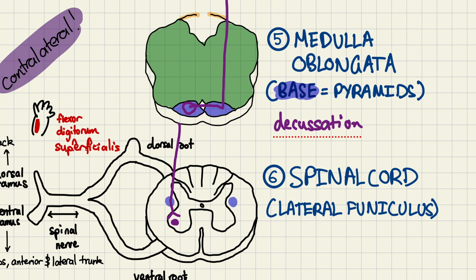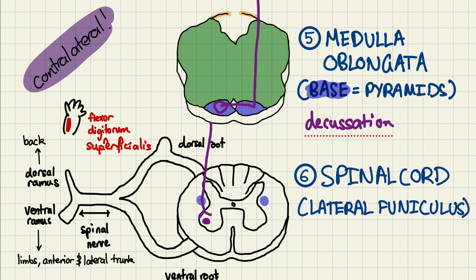My lower motor neuron will then send its axon through the ventral root of the spinal cord, through the spinal nerve, and once I've passed the spinal nerve, I reach a junction. I can either go through the dorsal ramus of the spinal nerve or the ventral ramus of the spinal nerve. Now, the ventral ramus is going to contain fibers that represent my limbs, my anterior and lateral trunk, whereas my dorsal ramus is only going to represent the back.